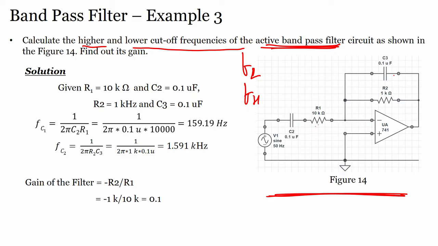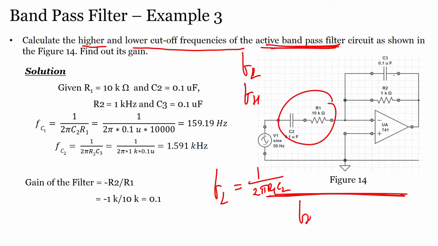Now, FC1, or FL, as I have told you earlier, is 1 upon 2 pi R1 C2. FH, or FC2, is 1 upon 2 pi R2 C3.